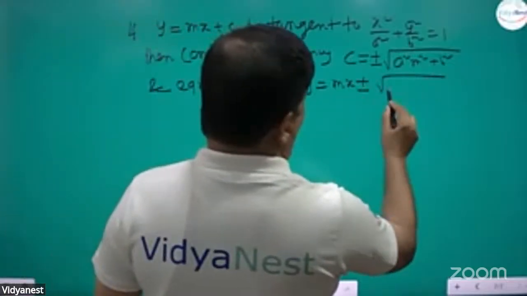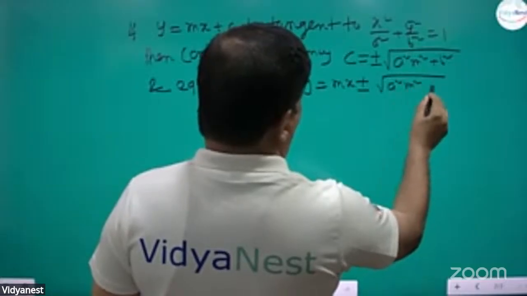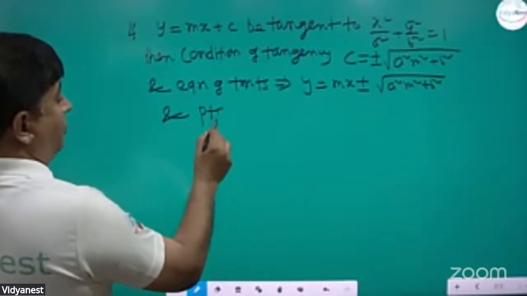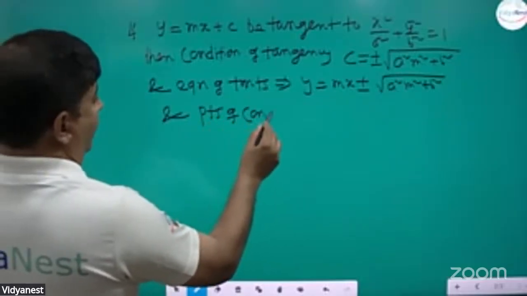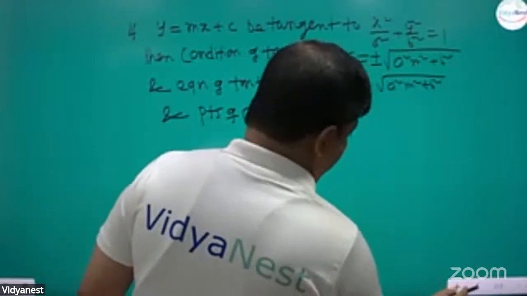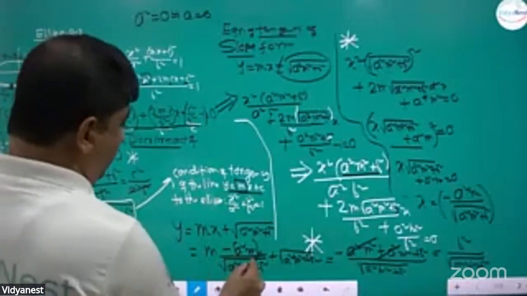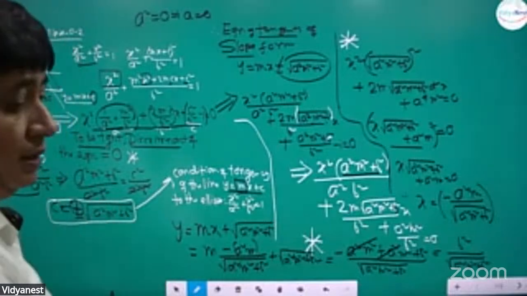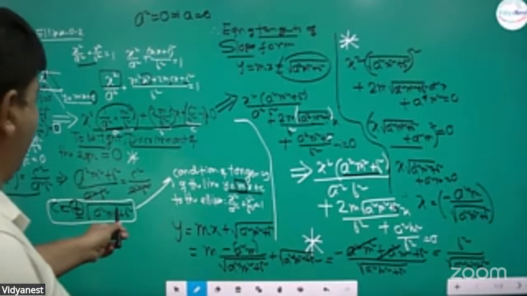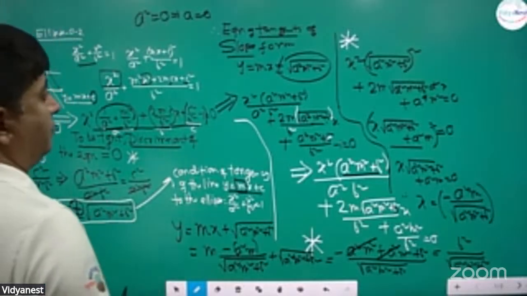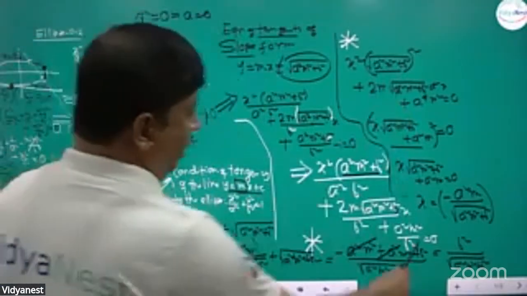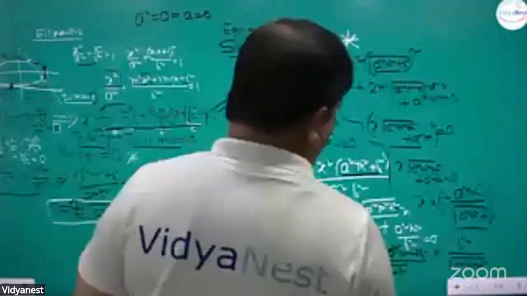Instead of c, I have placed this thing. For the points of contact, we observed c has two values, plus minus root a square m square plus b square. We took the plus value of that. We got x is this, y is this.